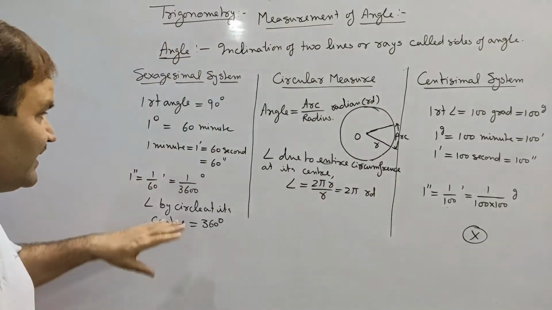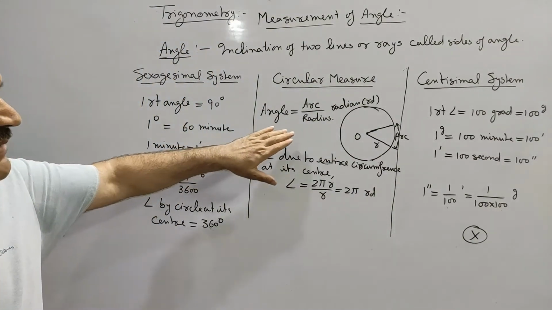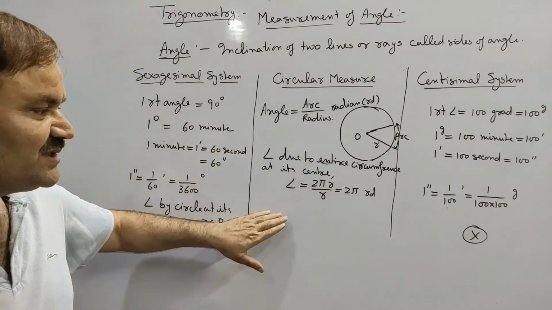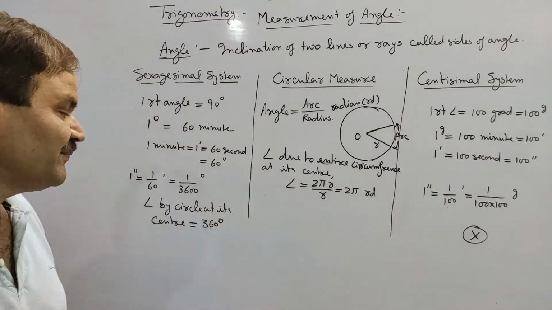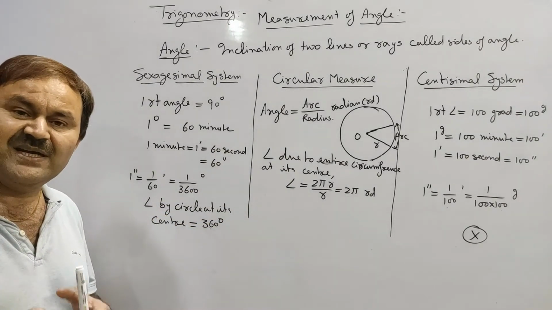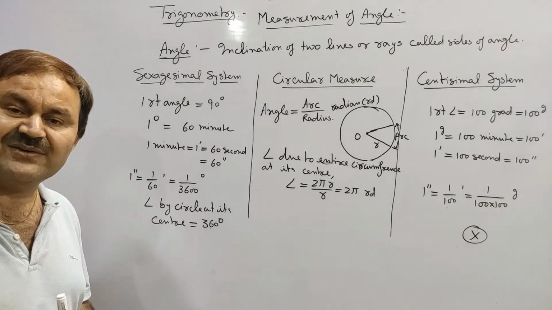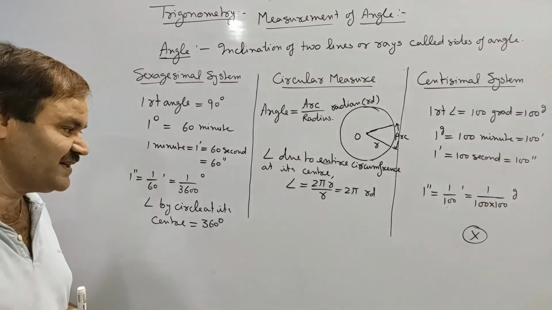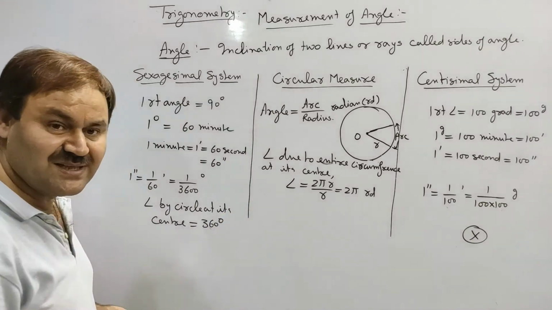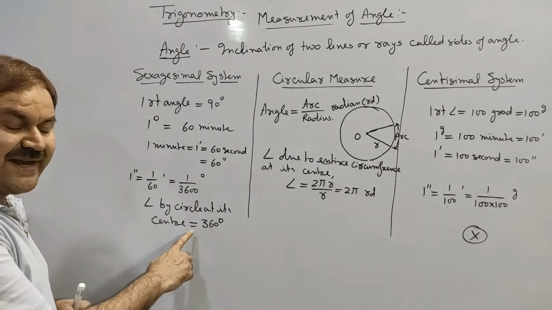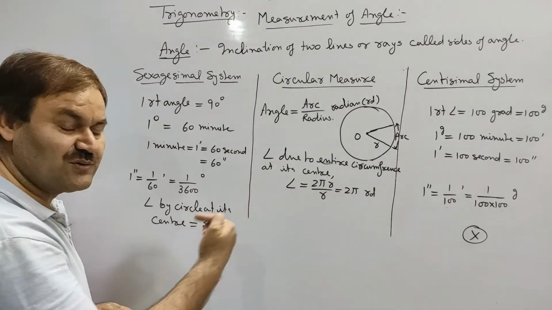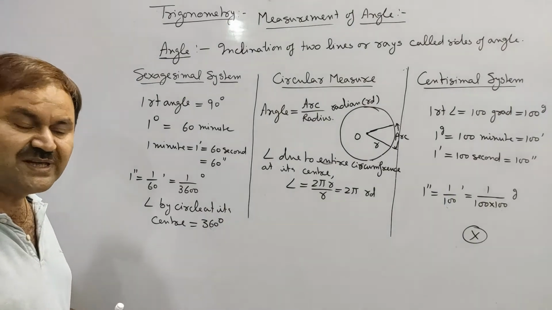This system is now not in use. We require only the sexagesimal system and circular measure for the measurement of angle. And there will be a number of questions in the first exercise of trigonometry in which you will be required to convert an angle from degree to radian or from radian to degree.